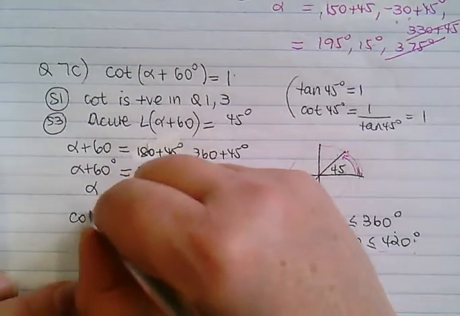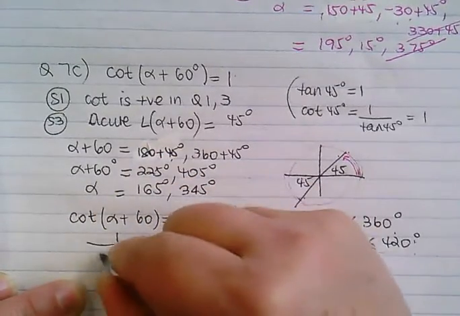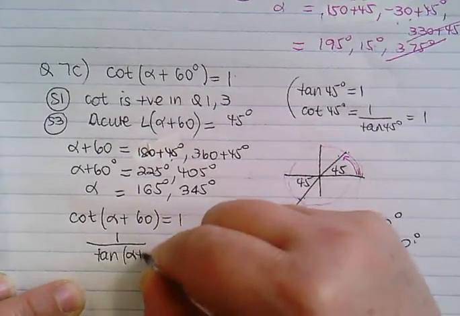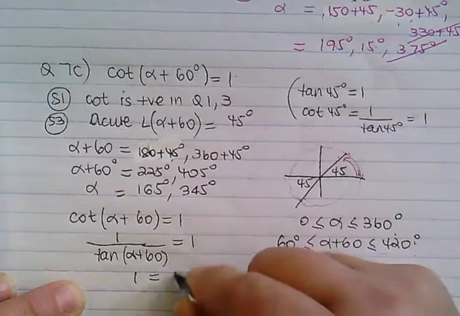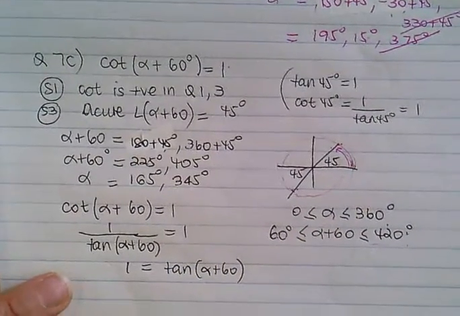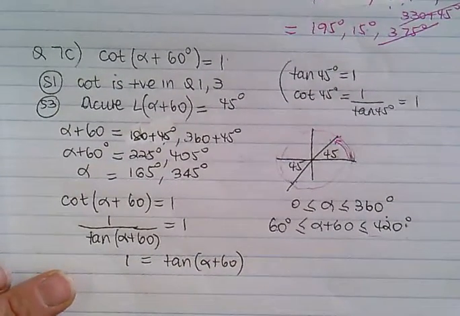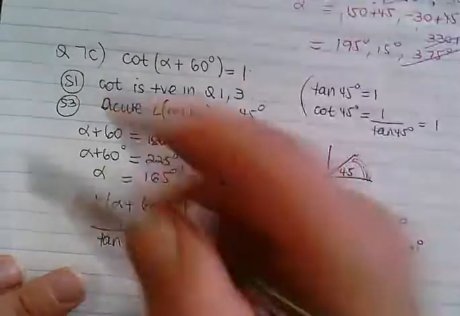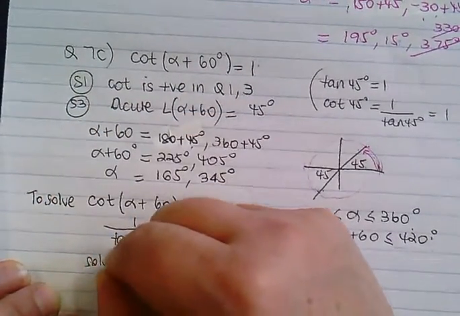Now, just showing you another way. In your first step, if you're trying to solve cot of alpha plus 60 is 1, you might want to write it as 1 divided by tan of alpha plus 60 is 1. So basically, you're just solving tan of alpha plus 60 is 1. You okay with that? I think that might be a bit safer, because to solve, you're really just solving this.